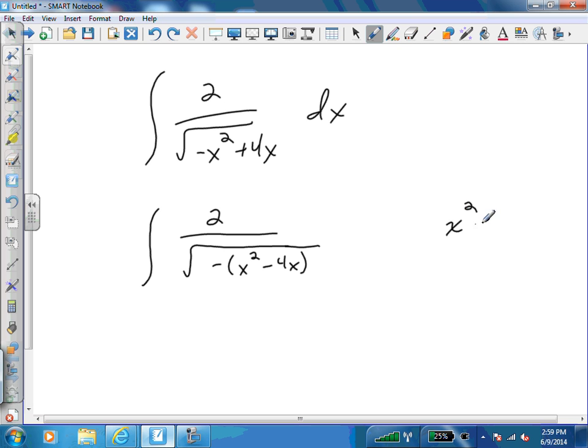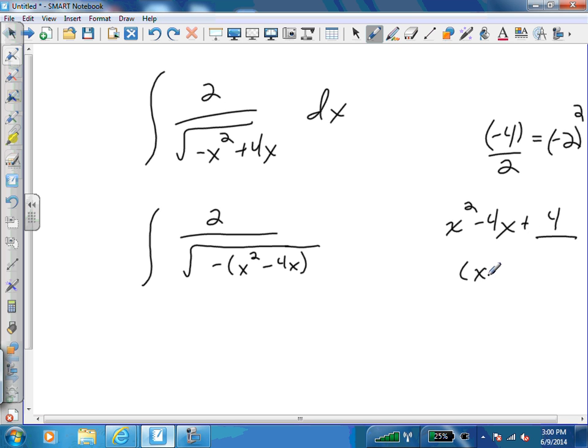So if I've got x squared minus 4x and I want to make that a perfect square, the number that gets added to that is half of negative 4, and then you take that answer and square it. So half of negative 4, negative 2, squared is 4.